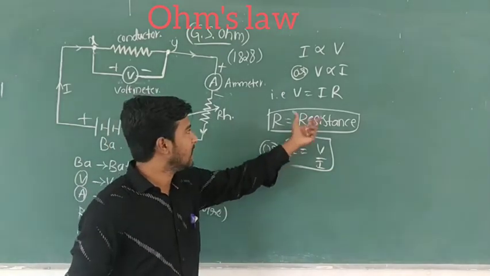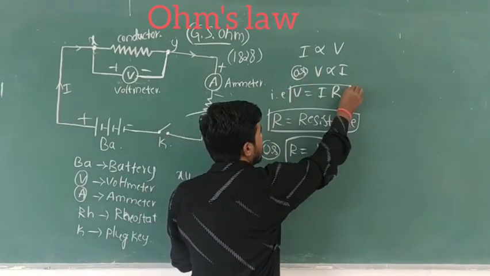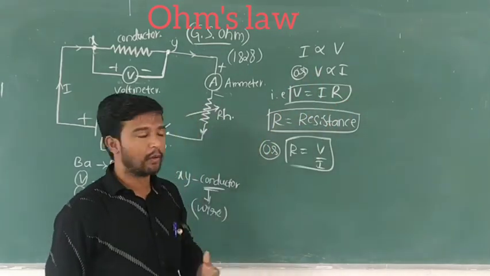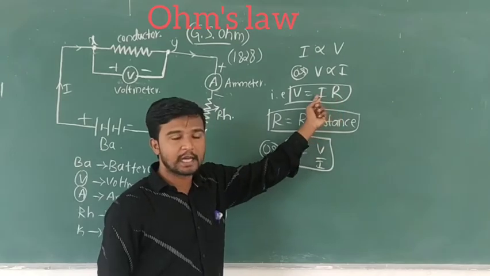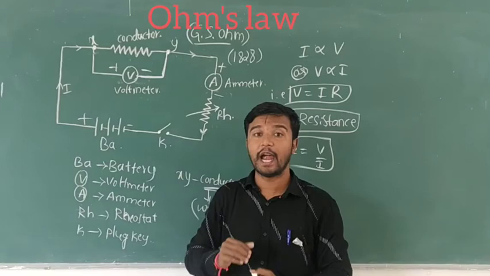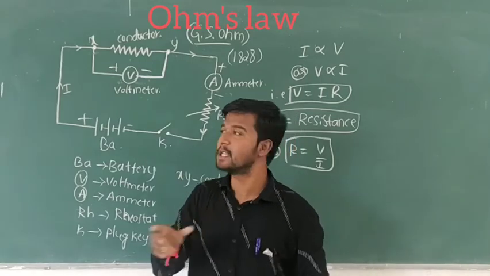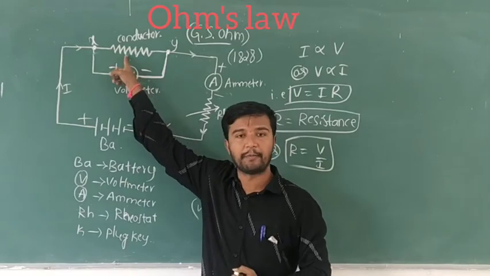Clear, friends? Here V equal to IR. This is Ohm's law. V equal to IR is the Ohm's law formula. Here I is the current, V is the volt, and R is the constant of proportionality, and we call it resistance, the electrical resistance of the conductor.